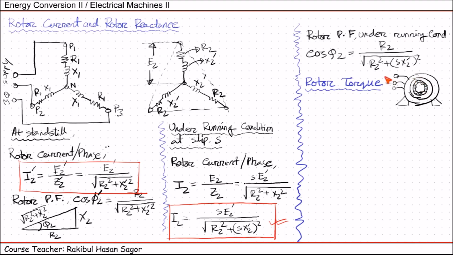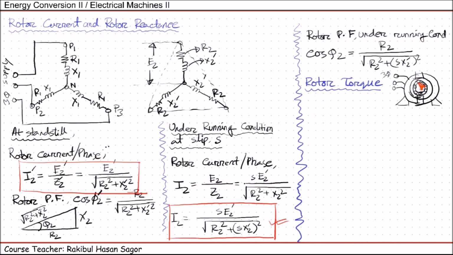Whenever we give three-phase supply, there is a creation of rotating magnetic field. Whenever this magnet starts rotating in any direction, the flux cuts the rotor bars and EMF is induced. Due to that EMF, current starts flowing through the rotor bar. So the induced EMF in the rotor side is directly proportional to the flux.